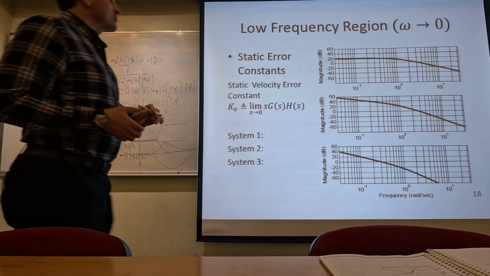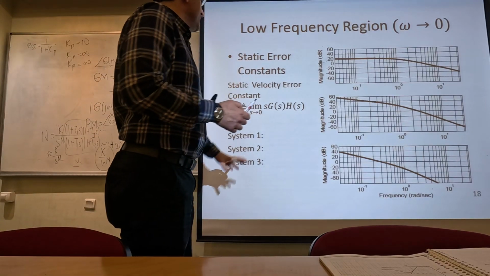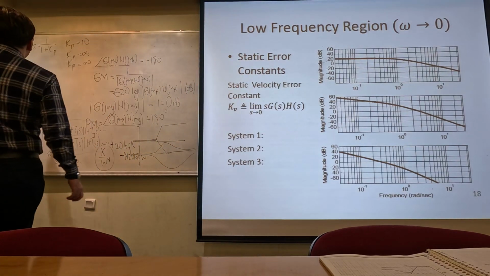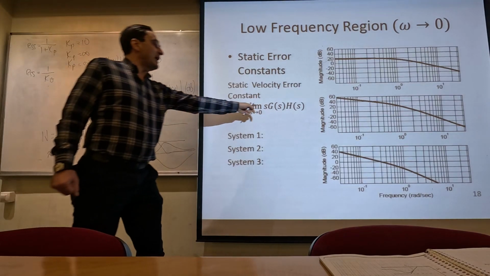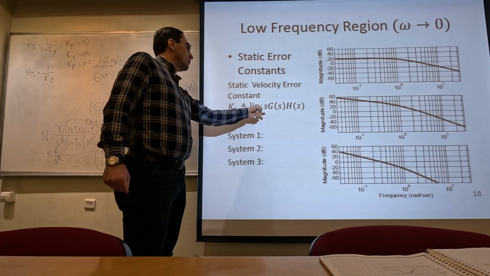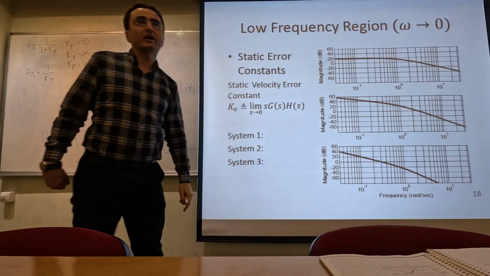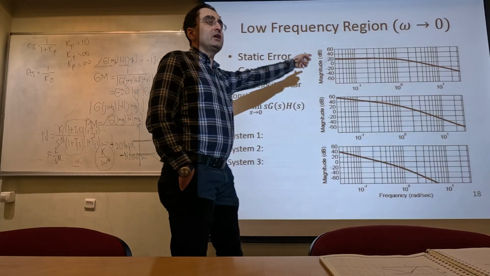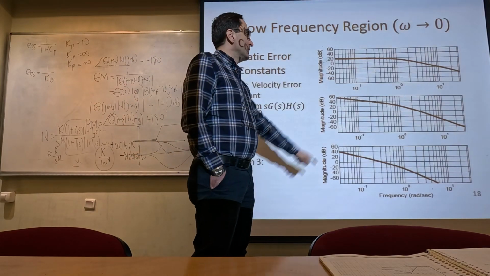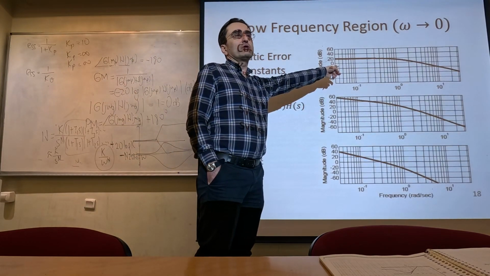So now let us try to look at Kv. The steady state error to unit ramp input is given as 1 over Kv. And Kv here is the limit as s goes to 0 of s times GH. Now I have to calculate this limit for each of these systems. The first one is a type 0 system.